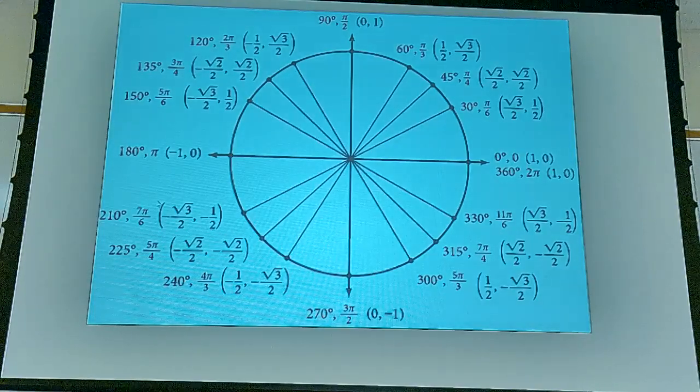On the unit circle, which coordinate corresponds to cosine? The x coordinate, right? So, which angles have an x coordinate of 1/2? You said one of them pi over 3. What's another one?